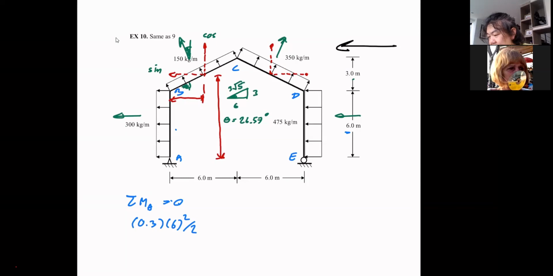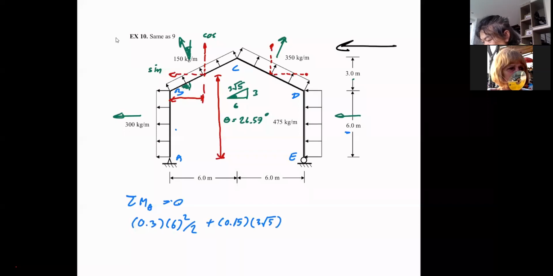So for the sine component, it's going counterclockwise, so it's the same. That's plus 0.15. And then the total length, okay, it's 3 square root 5. That's a total force.